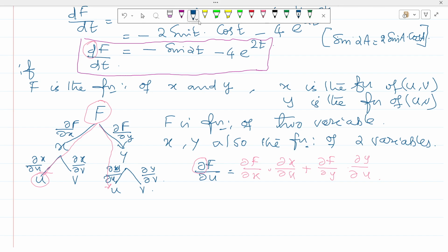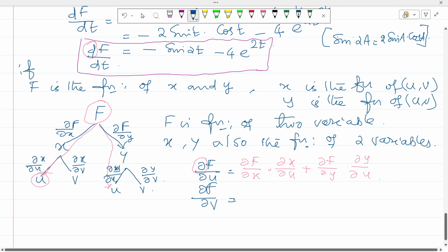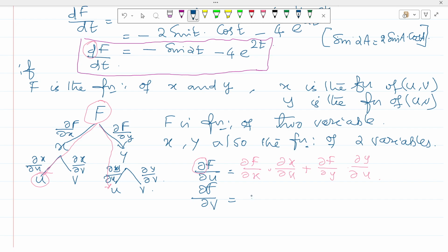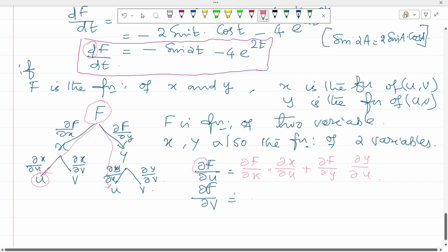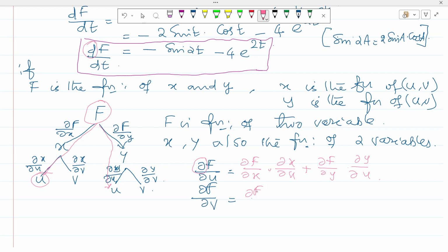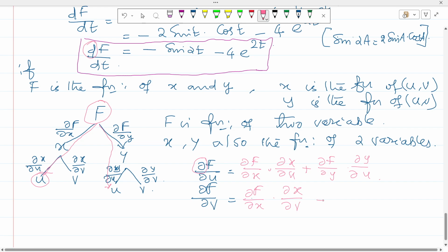Similarly, if I want to find dou f by dou v, this type of problem is known as the function of function rule. So dou f by dou v means first I need to find dou f by dou x into dou x by dou v plus dou f by dou y into dou y by dou v.